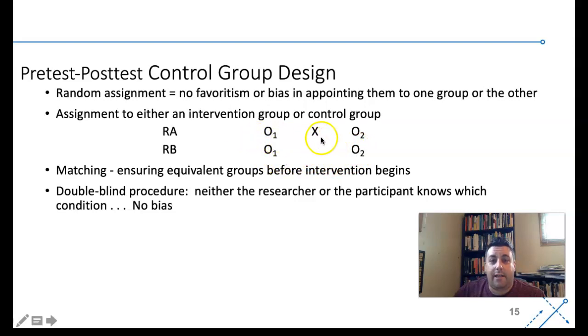But the intervention or experimental group does. And of course, which group would we assume is going to change more? Well, since the A group gets the manipulation or the intervention, we would hope that they change more, whatever variable that we're measuring.